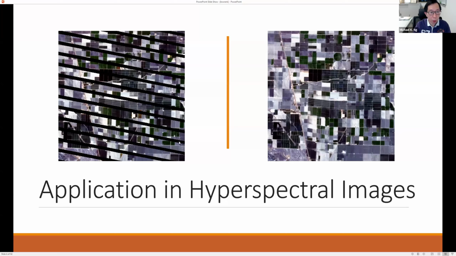This is quite typical in hyperspectral image processing. One of the aims is to process and compute this hyperspectral data. It can take many different forms, but the ultimate aim is to make the picture look much better, so you can do a better analysis.